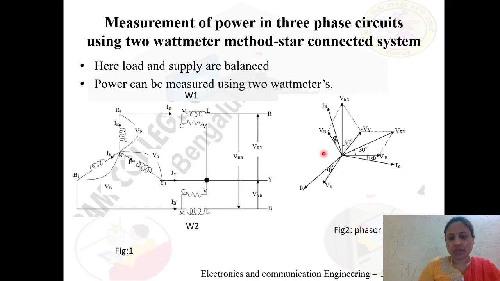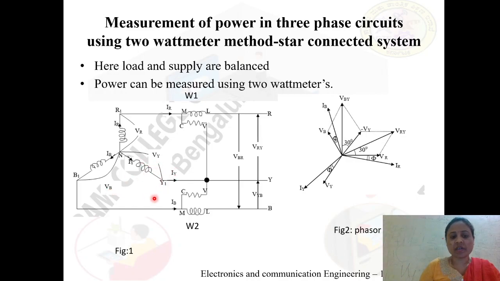Before moving to the actual derivation, let us first draw the phasor diagram. We can draw it by considering the phase voltages first. The phase voltages should have a 120 degree displacement with respect to each other. Here VR, VY and VB are the phase voltages.